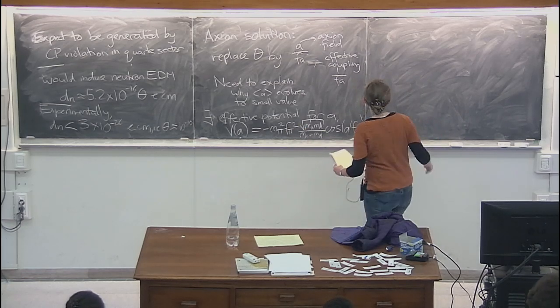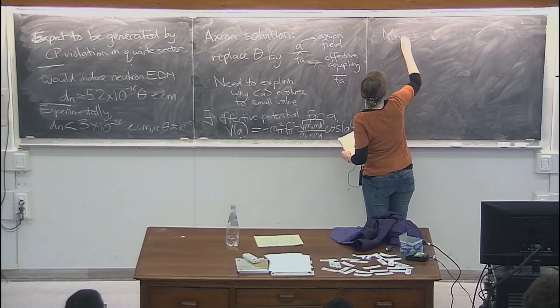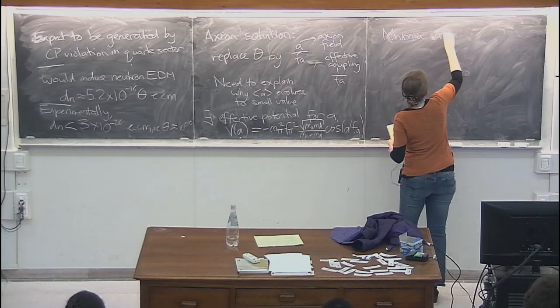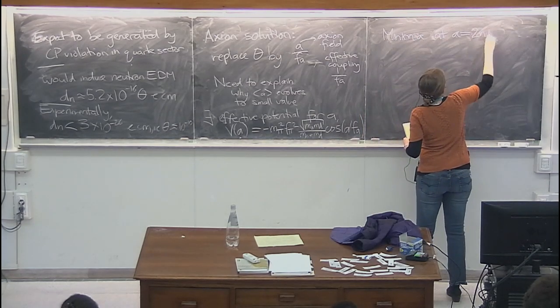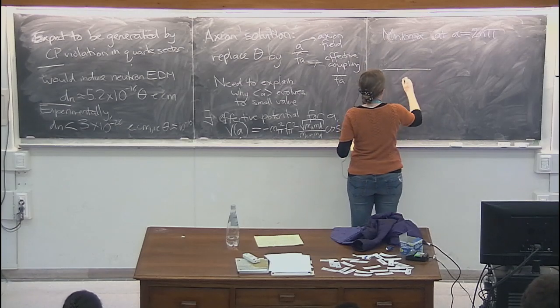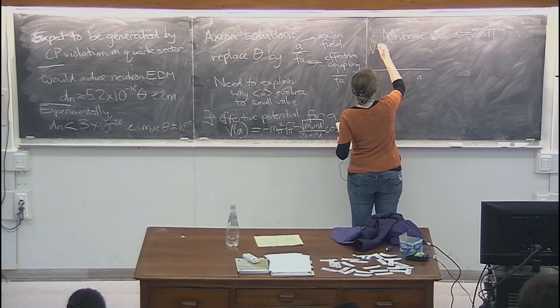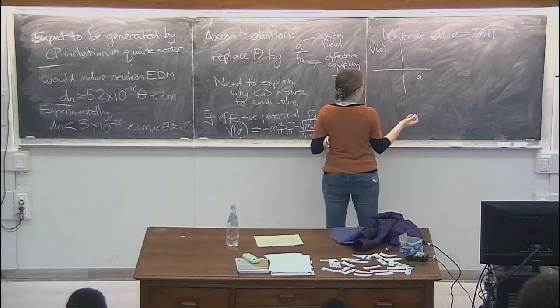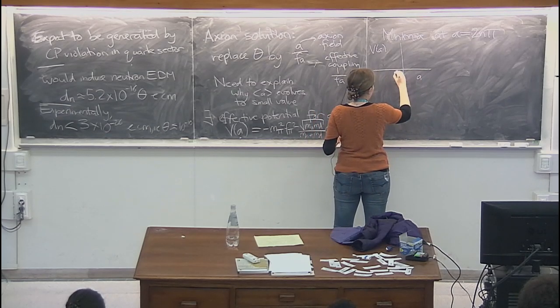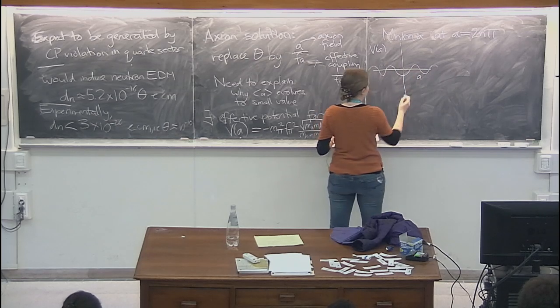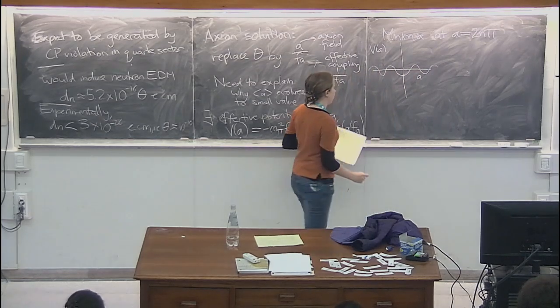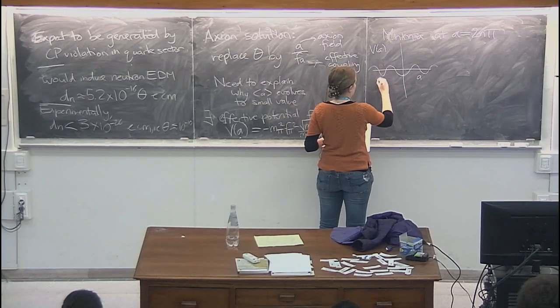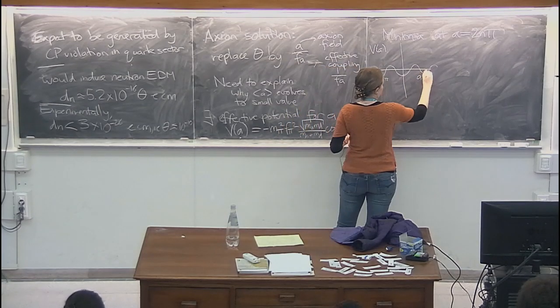So if we plot V of A against the value of A, we have a potential that looks like this. This is 0. This is minus 2 pi. This is plus 2 pi, and so on.